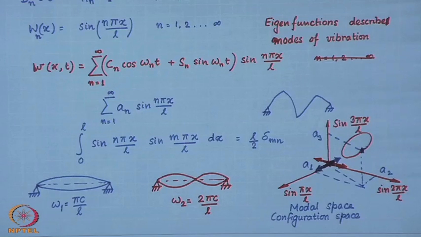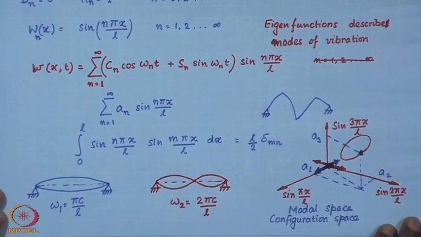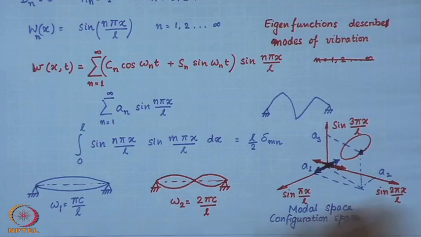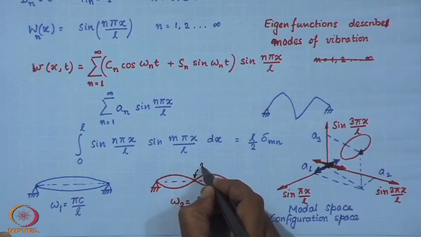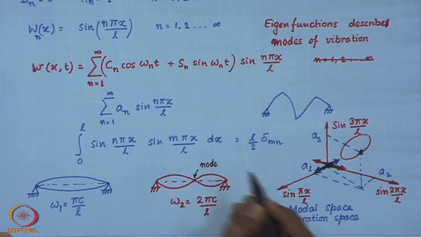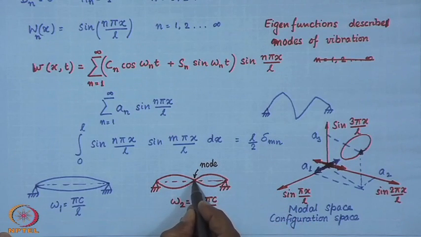Now, I am going to demonstrate these solutions with a small experiment, but before that let me just point out that in this solution there is no node within the domain of the string, whereas here there is one node, where the string remains fixed.